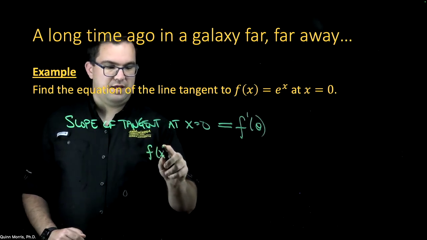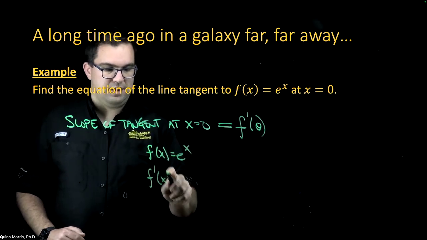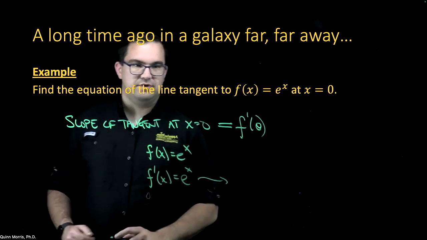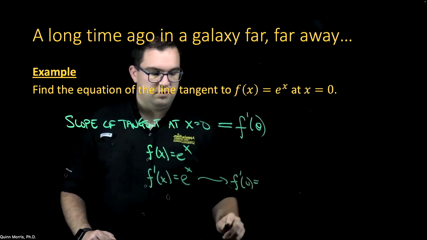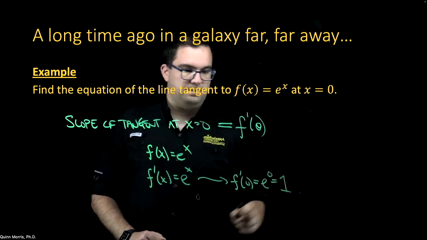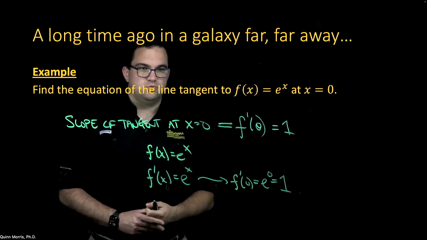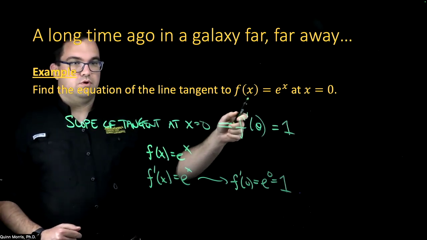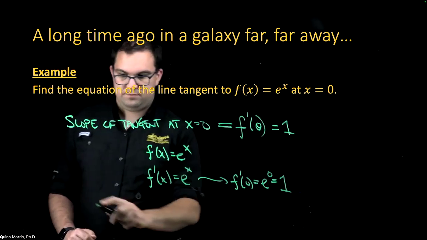So you have f of x equals e to the x, and this is a very nice function to differentiate because its derivative is just itself, e to the x. And so f prime of 0 would have been e to the 0, which is just 1. So you would know the slope of the tangent line is 1, and you also want it to pass through the point 0 comma f of 0.